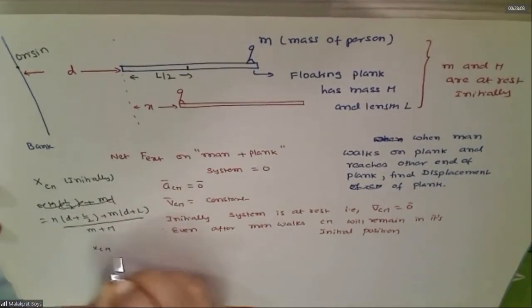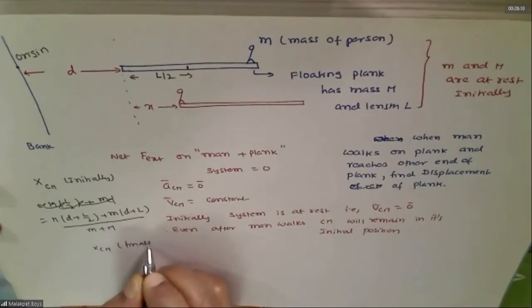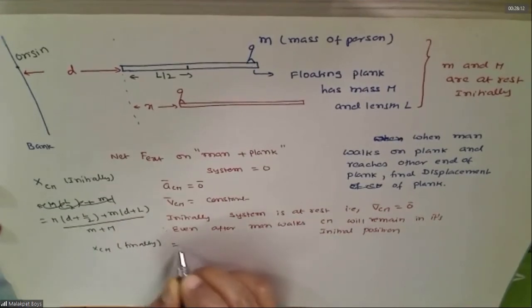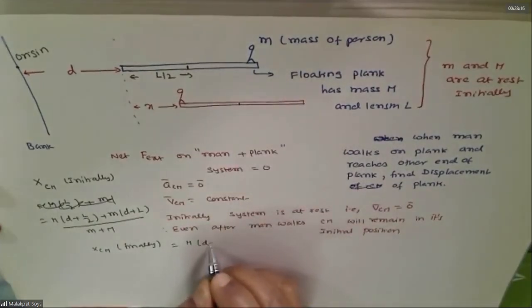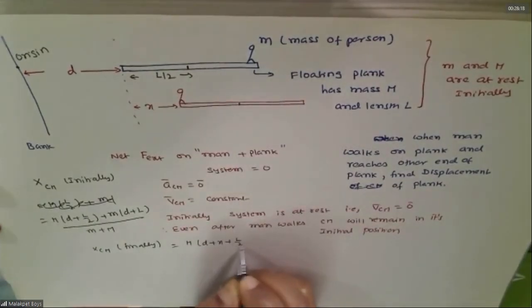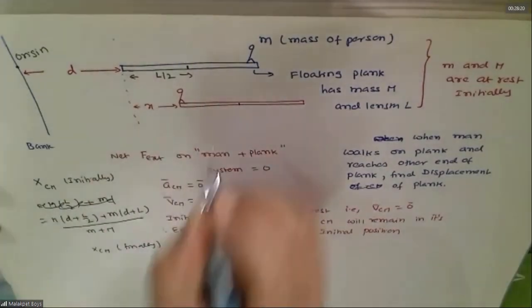Now after the man reaches this end, the plank will be here, so d plus x plus L by 2. Do you agree with this?